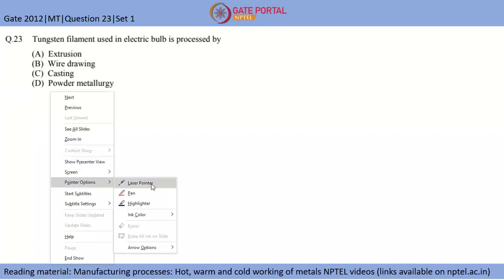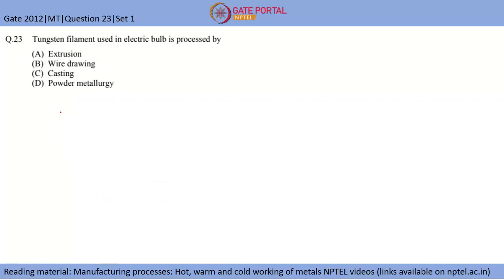For tungsten the melting point is around 3400 degrees Celsius, and this tungsten filament gets heated up to 2000 degrees Celsius for its function in an electric bulb.